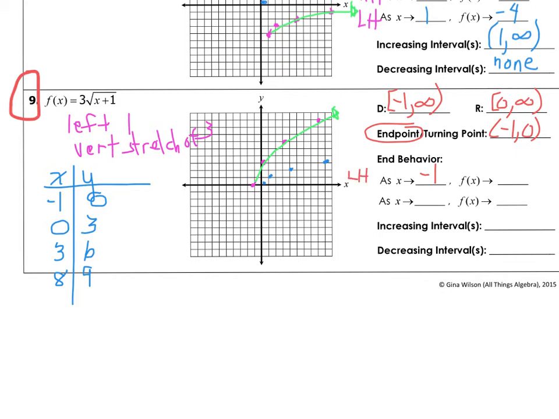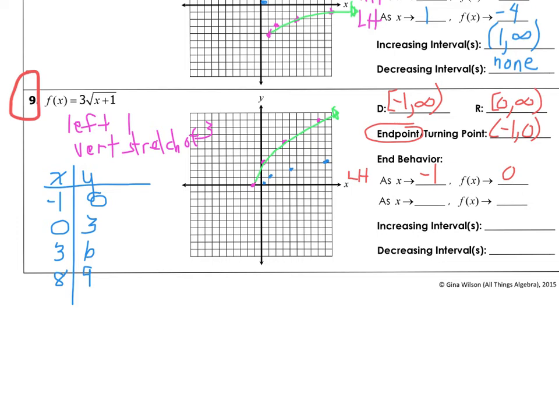My bad. So the left and the left. So we are going to go from -1 to 0. And so look what happens as I go to the left on the graph, left-hand behavior. This is the left side of my graph. As x approaches -1, because we cannot approach negative infinity, y is getting lower and lower and approaching 0.